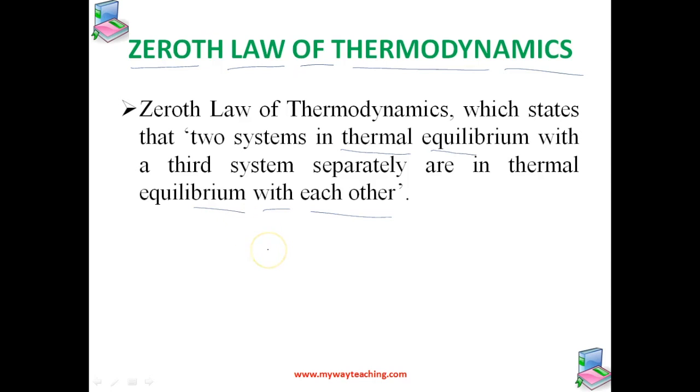Again, even though you replace the wall, there will be no more energy flow from A to B because they have already attained the thermal equilibrium. So two systems in thermal equilibrium with the third system separately are in thermal equilibrium with each other.